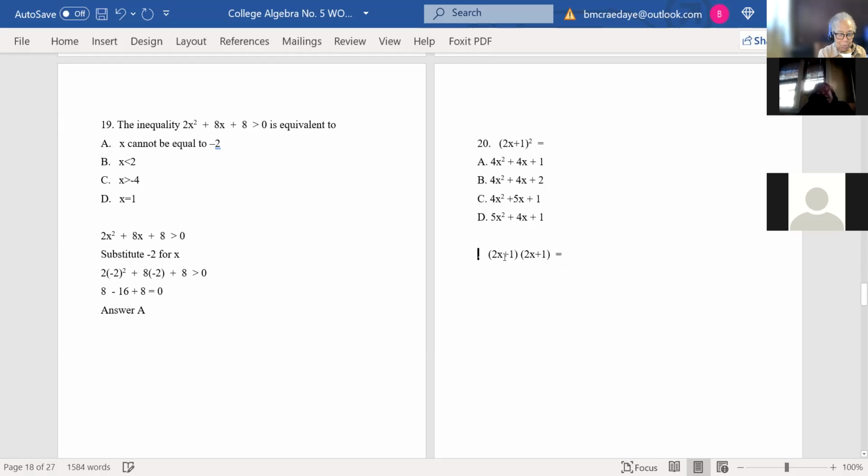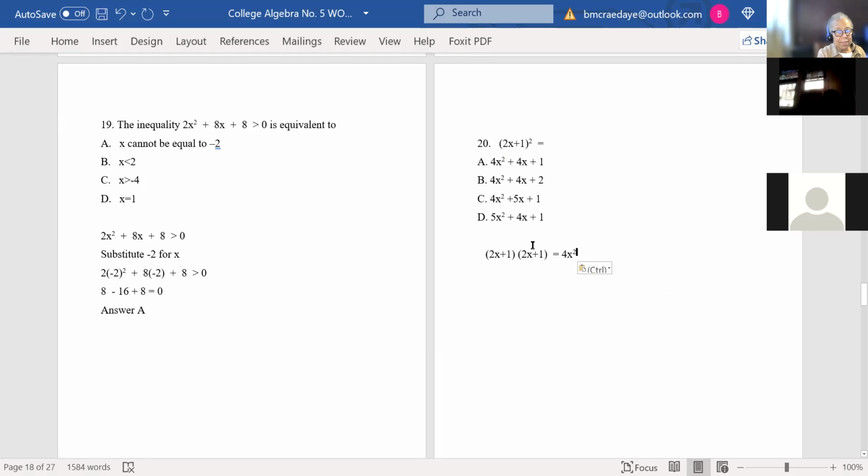What's 2x times 2x? 4x square. 4x squared, because you had to add the powers. x to the 1, x to the 1. When you multiply, you add the powers. So this becomes 4x squared. So let's just copy our 4x squared. All right. So 2x times 2x is 4x squared.